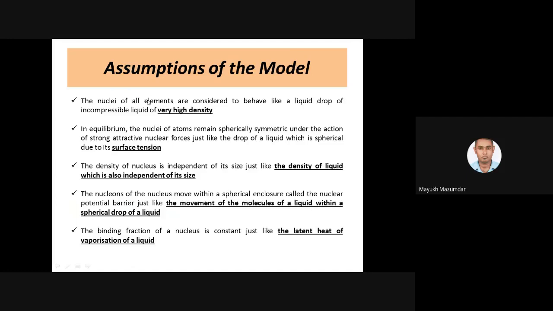So they said that the nuclei of all elements behave like a liquid drop, not any type of liquid, but that of an incompressible liquid. That is, simply, a liquid whose density doesn't change with application of pressure. And that density is very high. Got it? What is the first assumption? That the nucleus is like a liquid drop of an incompressible liquid of very high density.